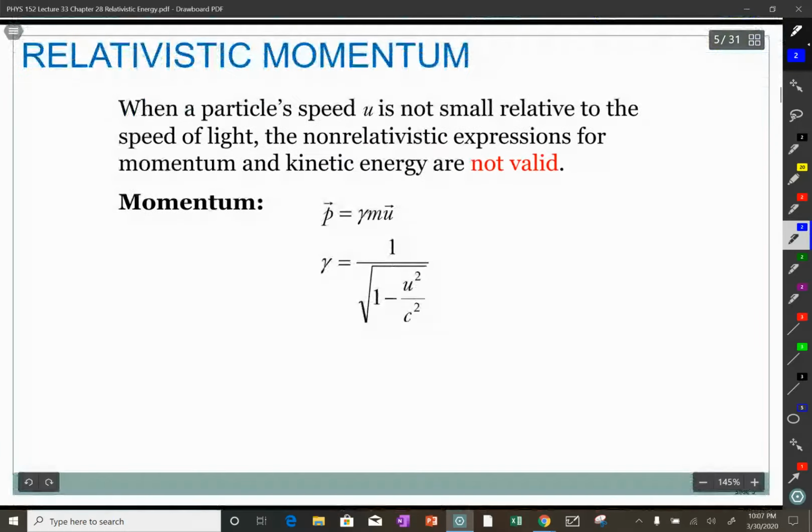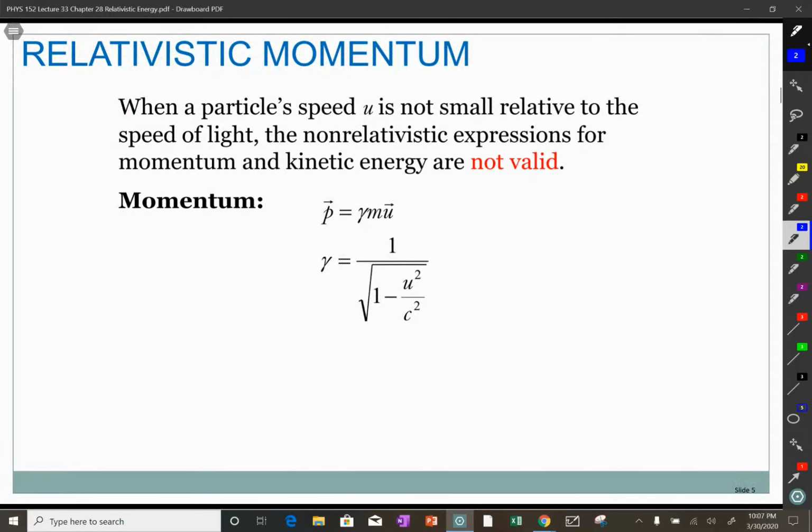Now, another thing with relativity is momentum. What we learned about momentum was that momentum is equal to mv. That was classical physics. For relativistic physics, it's not mv. Momentum has a different equation. It's gamma times mu.